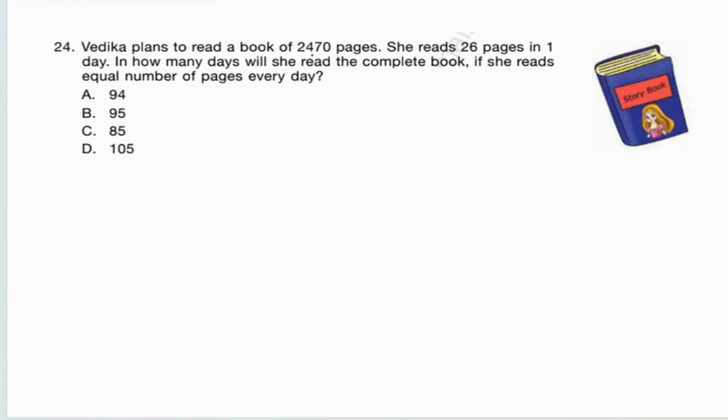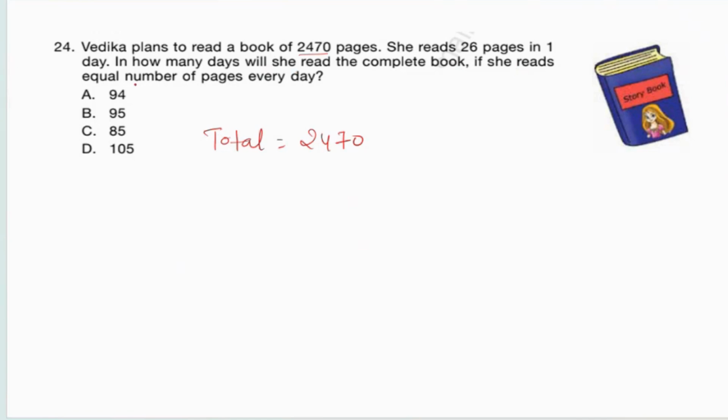Vedika plans to read a book of 2,470 pages. Okay, the total number of pages will be 2,470. She reads 26 pages in one day. In how many days will she read the complete book?